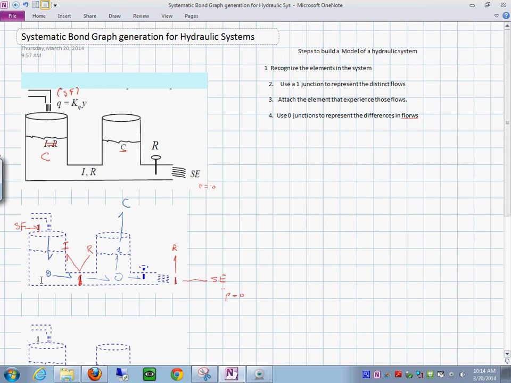Yeah. So the difference here is this minus this will produce, this would be attached to the C element in here. So that's this other tank. The C is this tank. That's that.